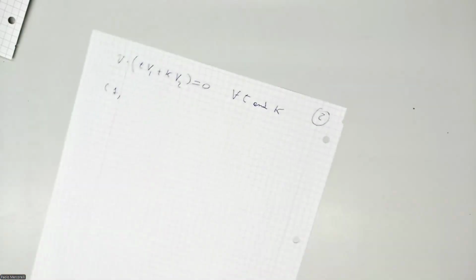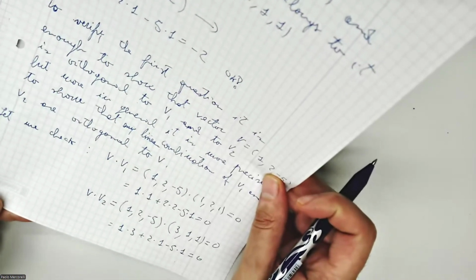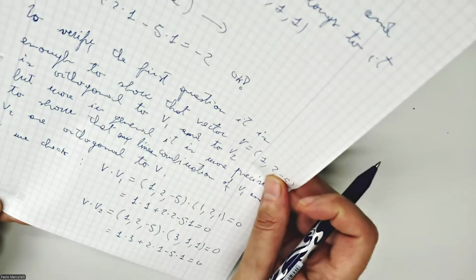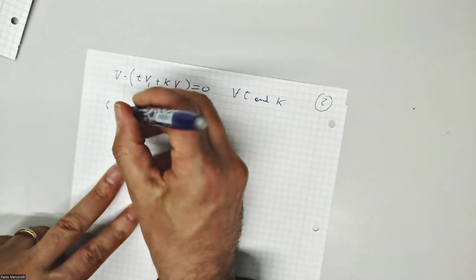I think you already did the calculation. Let me copy, because I already forgot. (1, 2, minus 5).